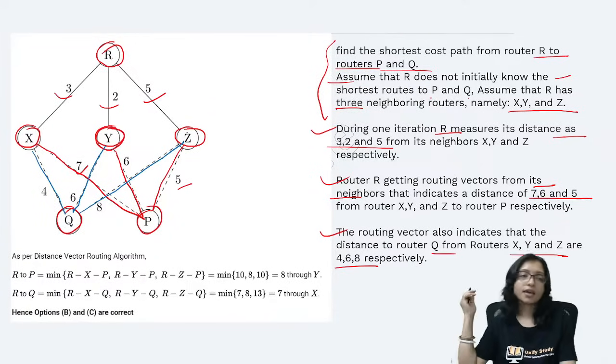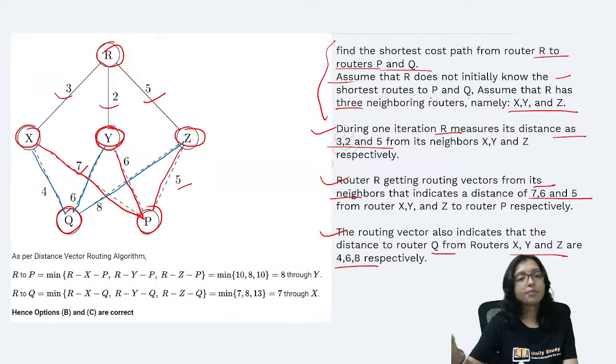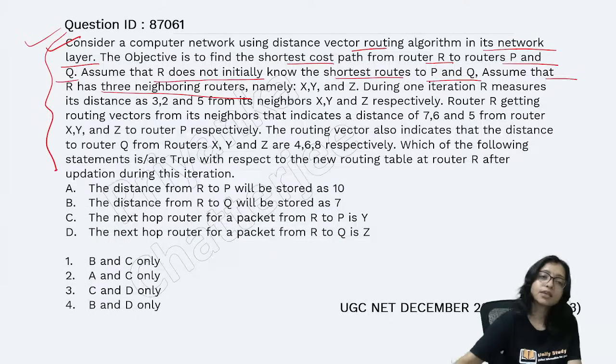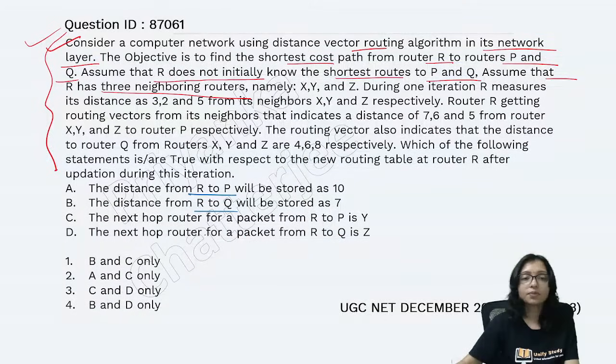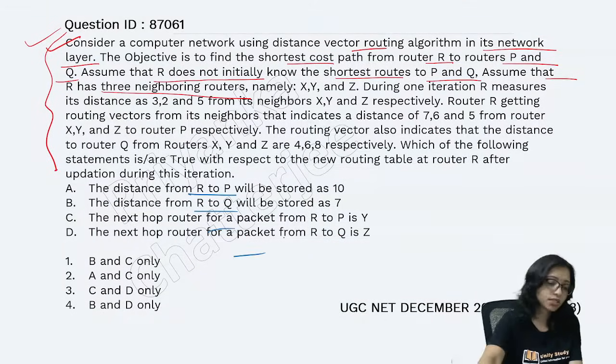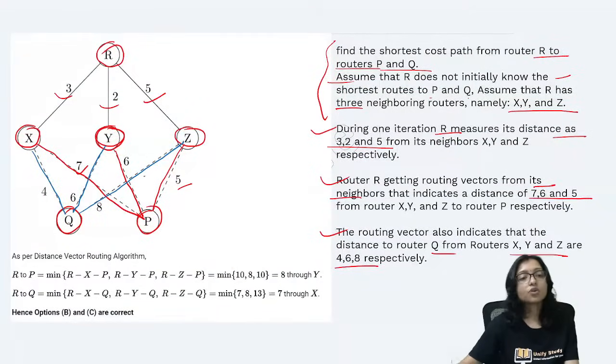Like this they are connected. Now you have to find the minimum distance between them. The question is asking the distance between R and P. How to find the distance? That is important.